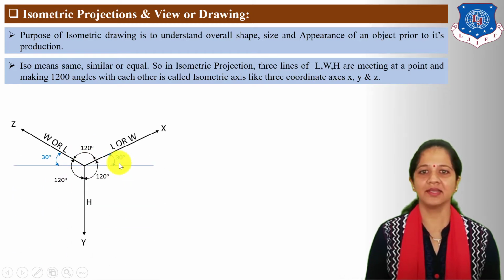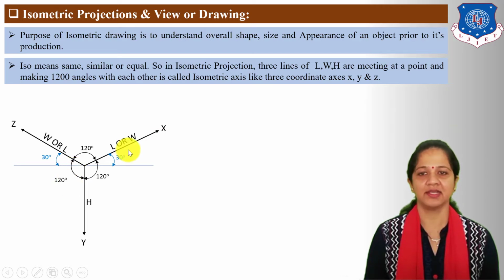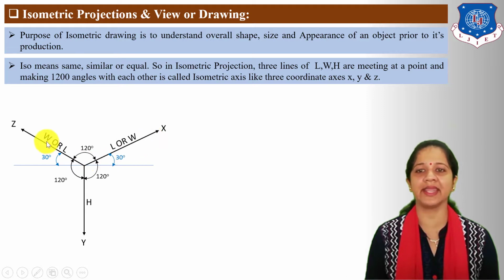Here you can see x, y and z axes are equally inclined with each other and the inclination angle is 120 degree. If length is taken on x-axis, then take width on z-axis. If width is taken on x-axis, then take length on z-axis. Now height always fix on y-axis.